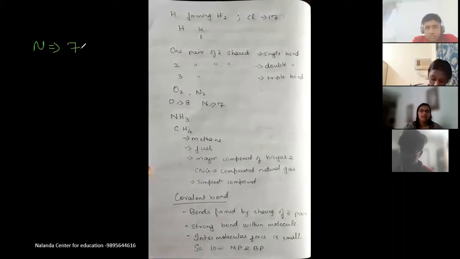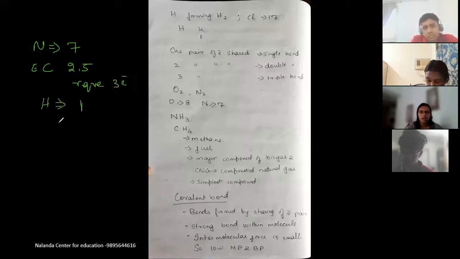Nitrogen atomic number is 7. Electron configuration is 2, 5. Requires 3. Now, what about hydrogen? Atomic number is 1. Electronic configuration is 1. Don't write that it requires 7 electrons. It requires only 1 electron. Now it is NH3.